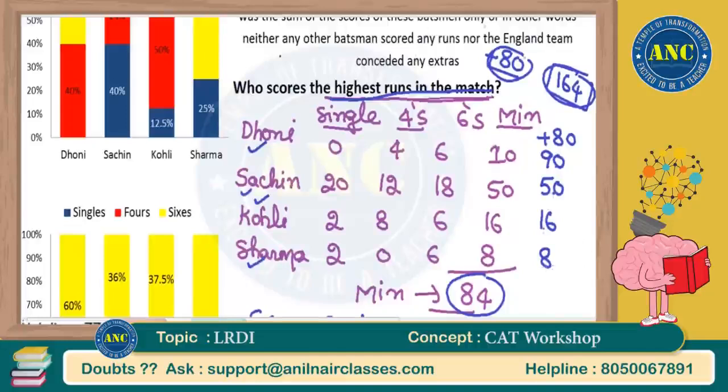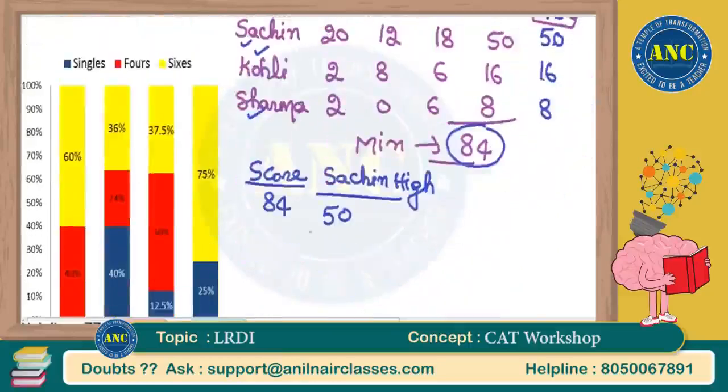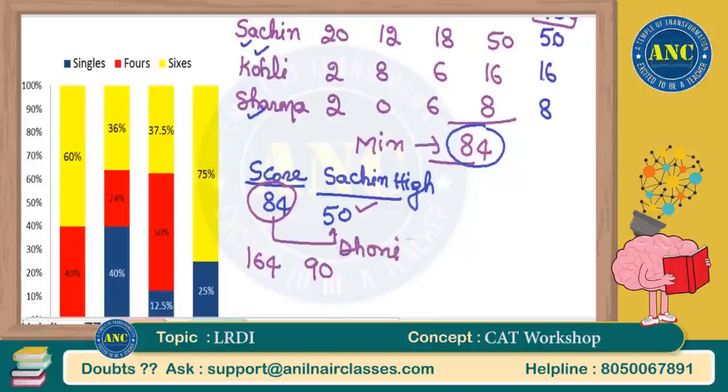Now if you observe closely, if the score of the Indian team is 164, who scored highest in the match? Dhoni scored highest in the match. If the score of the Indian team is 84, who scored highest in the match? Sachin scored highest in the match. It is 50. If it is 164, I got Dhoni as one of the probable cases. That means depending upon the score of the Indian cricket team, that person is scoring highest.